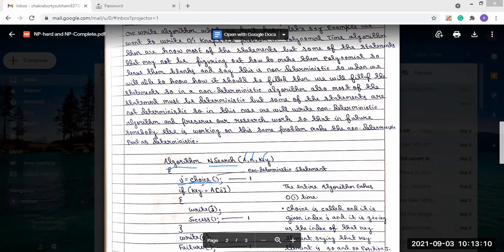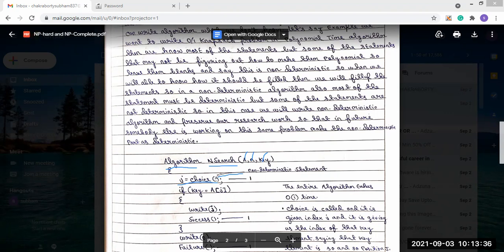Now, how will this choice work? This is the non-deterministic statement. The choice will know the key element that is present at the jth position, at the jth index.